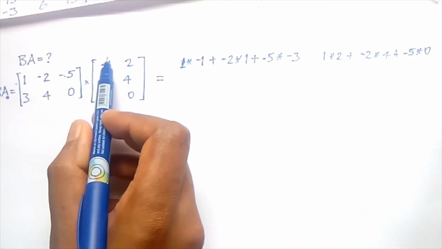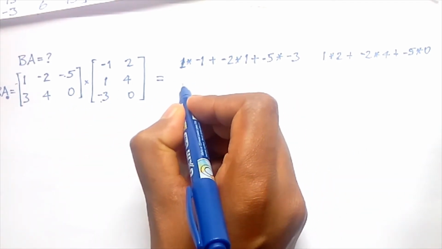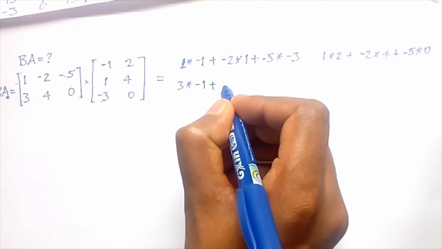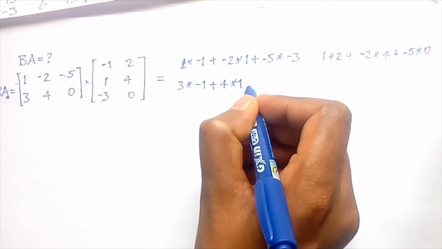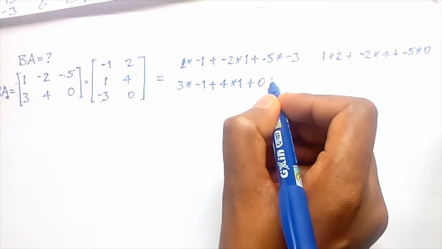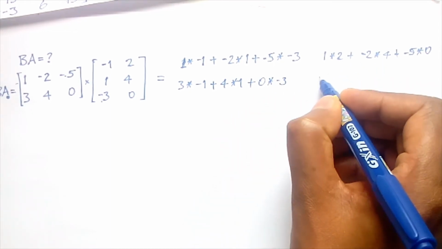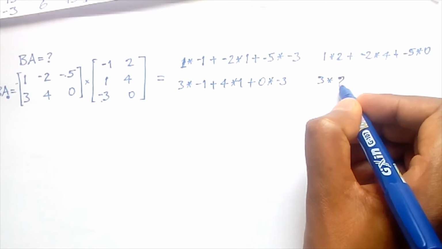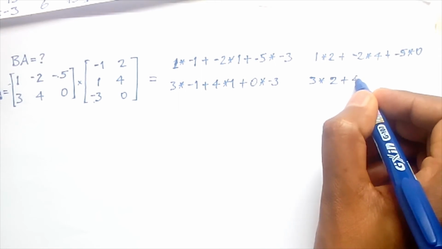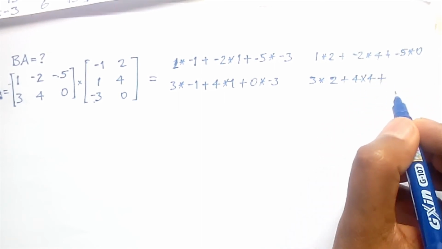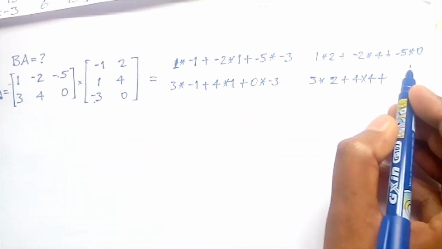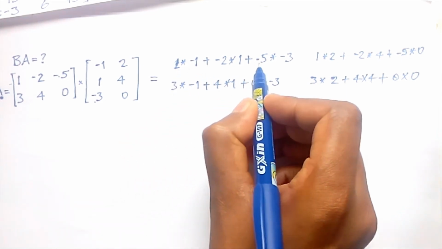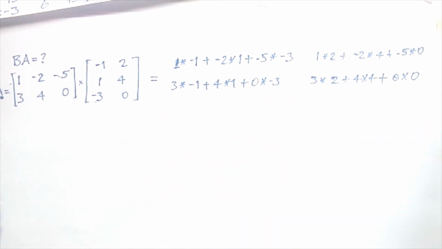Then 3 times minus 1 plus 4 times 1 plus 0 times minus 3, and 3 times 2 plus 4 times 4 plus 0 times 0. So this is one number, this one is the second, this is the fourth.